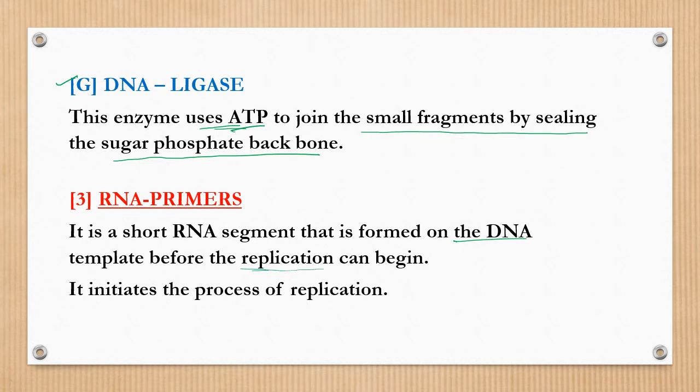Before replication, a small segment of RNA is formed. That RNA primer initiates the process of replication. So RNA primer is essential to initiate the process of DNA replication.